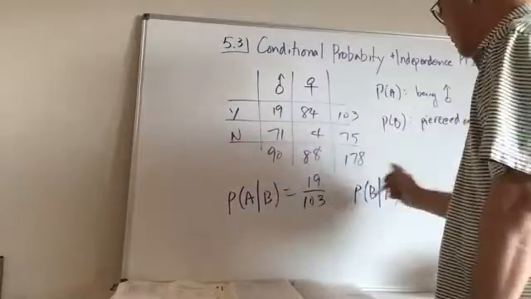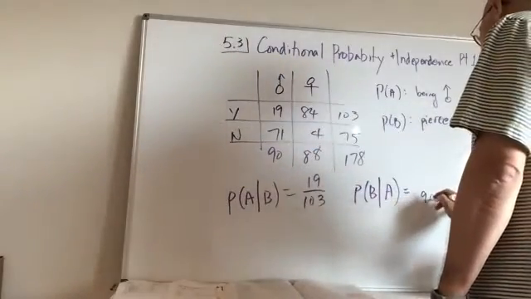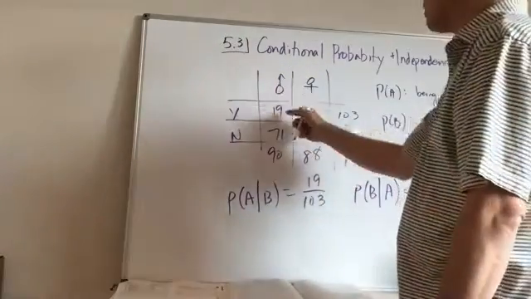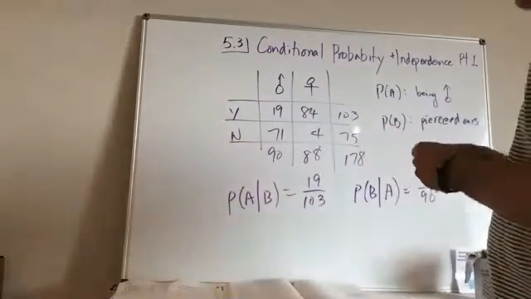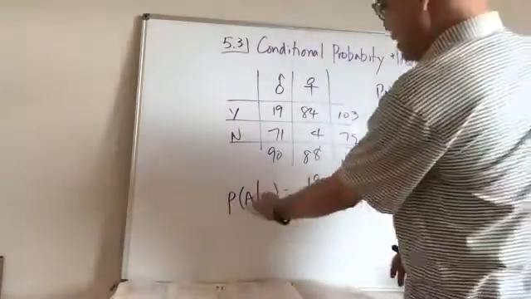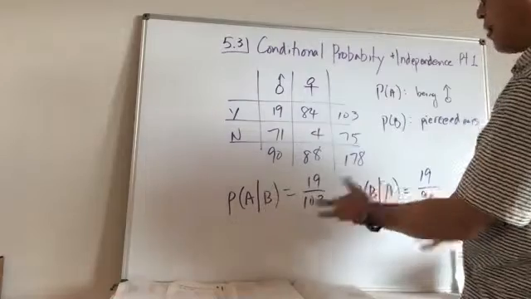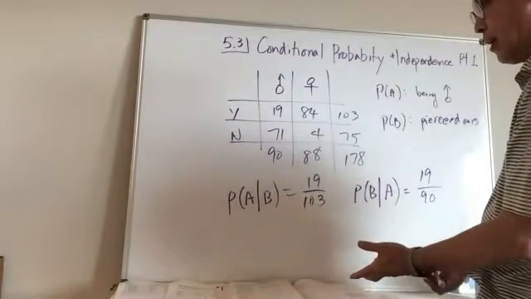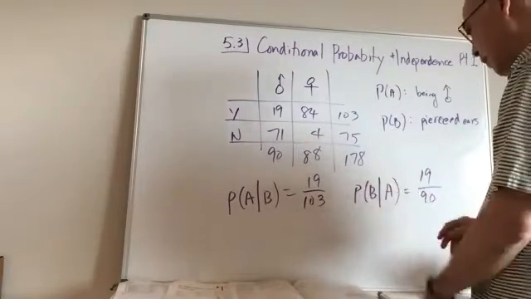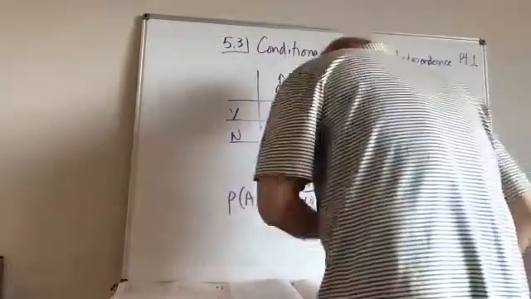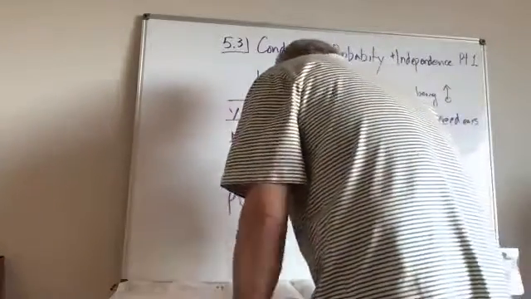I have 90, and out of the 90, I have pierced ears. That'll be 19. So you can see that P of A given B and P of B given A really have no relationship to each other, because they're totally different things that they're asking for. So just go ahead and realize that.